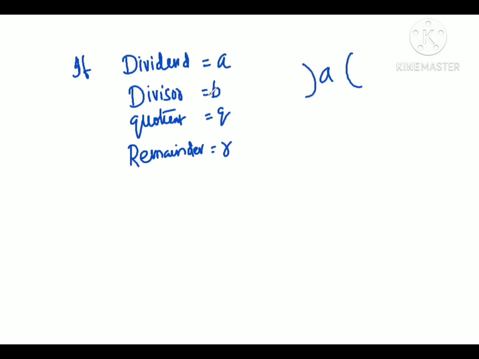The dividend is divided by B. We get a quotient. We get some product by multiplying this. After subtracting, we will get some remainder. So this can be written as A is equal to BQ plus R.